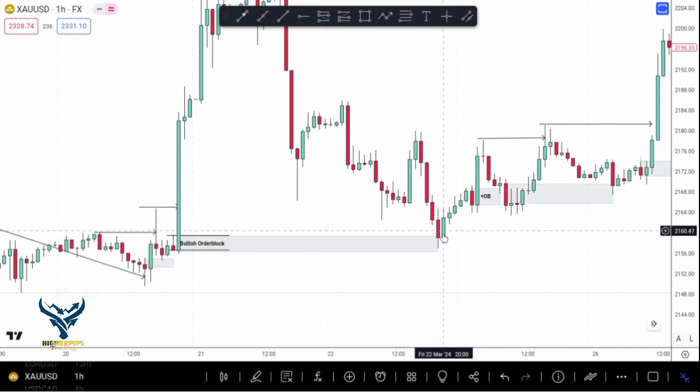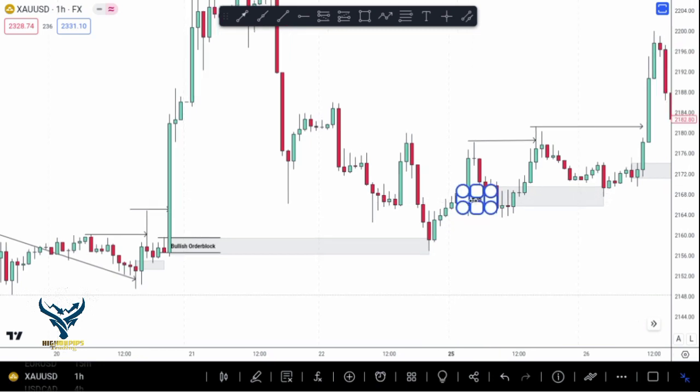The moment it acted as a support, this red candlestick, the moment the market started going up, instantly became an order block again. This red candlestick is another, okay, now they are candlesticks like these ones, right?